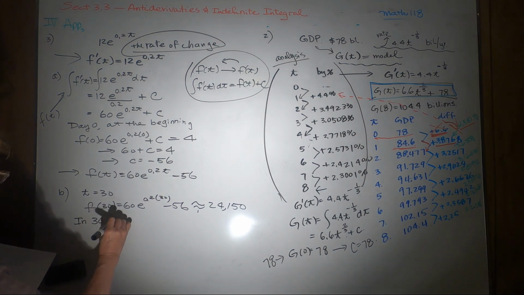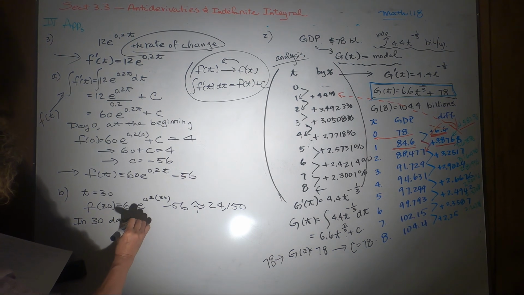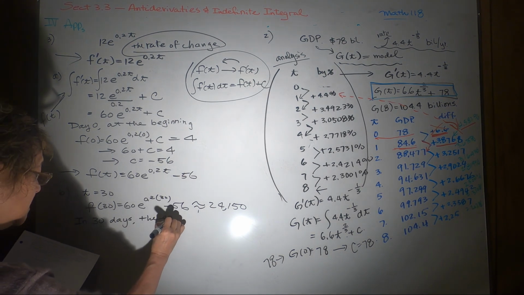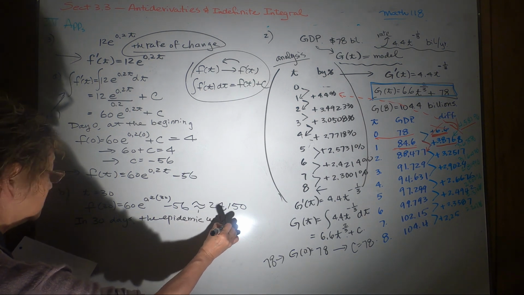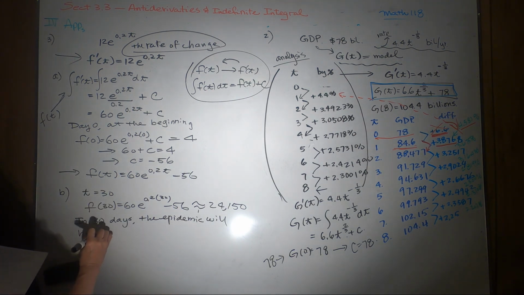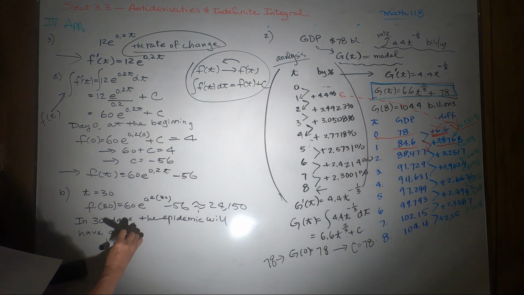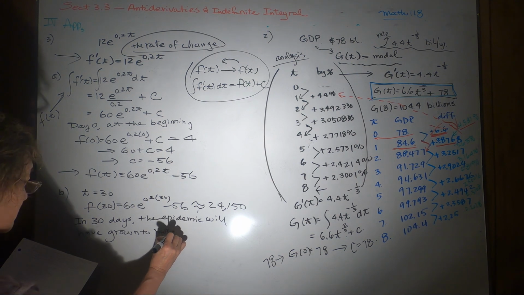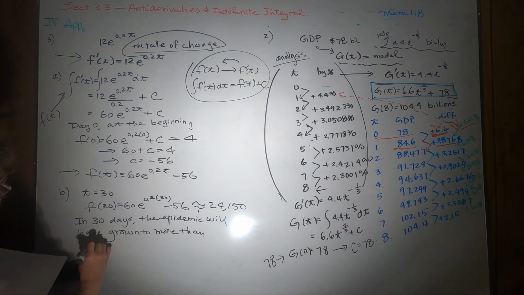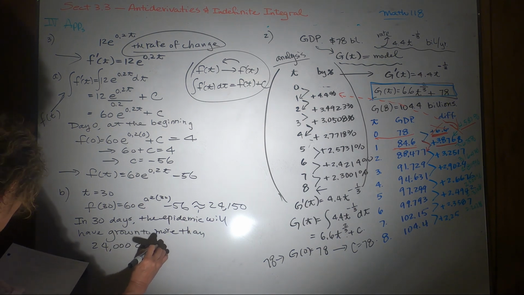In 30 days, the epidemic will have grown to more than how many cases? 24,000 cases. Just in a month.